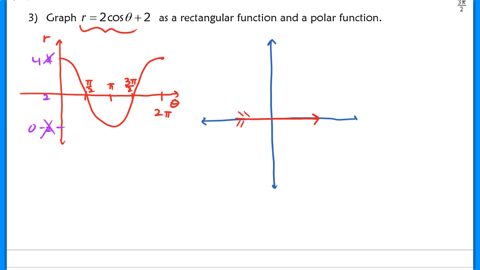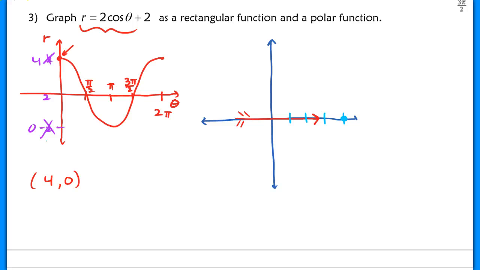From our graph, we can clearly see that when theta is 0, we have an r value of 4. So when our spinner points at 0 radians, we're going to mark a radius of 4. That's our first coordinate, the point 4, 0 radians, not the point 4, 0 like in the coordinate system, although it is similar.